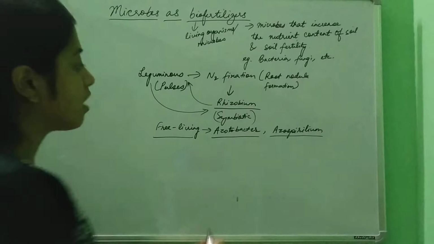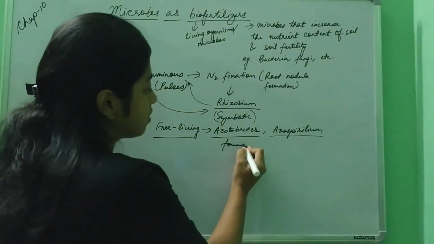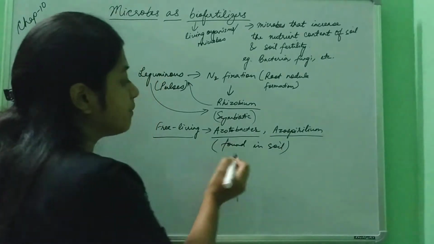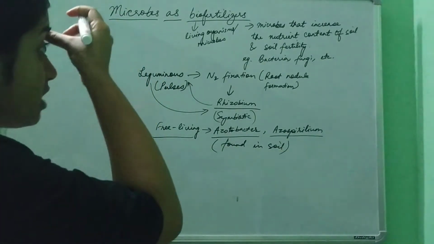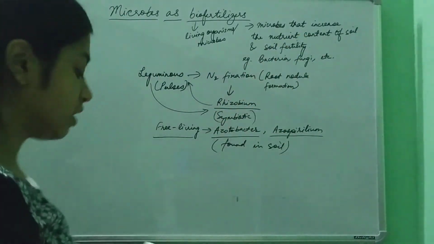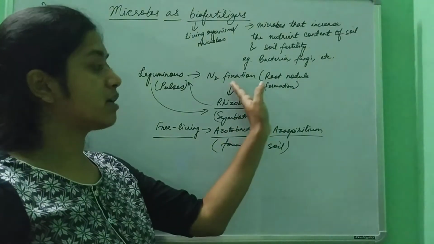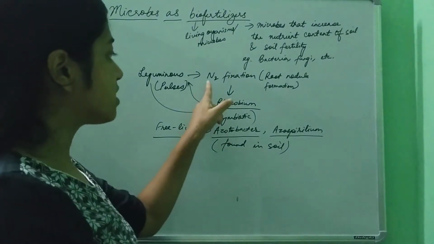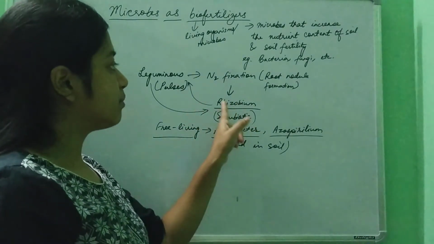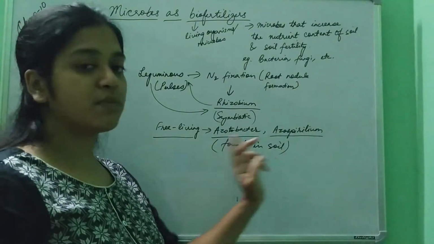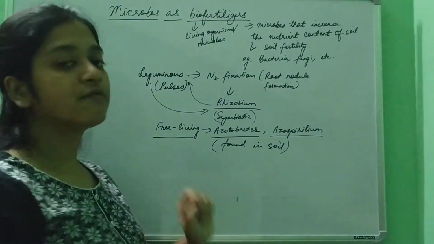So these are found in soil. These are already present in the soil and they will enhance the soil fertility or enrich the nutrient content of the soil. Okay, how? Because they will perform nitrogen fixation. Nitrogen fixation can be done by rhizobium, which is symbiotic, or also Azotobacter, Azospirillum, which is free living.